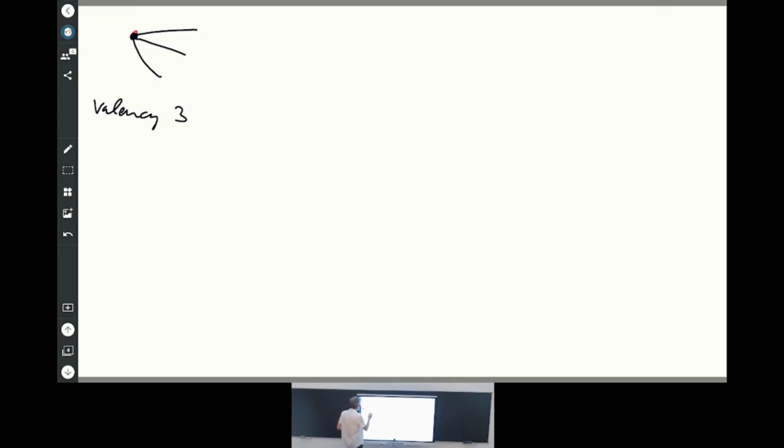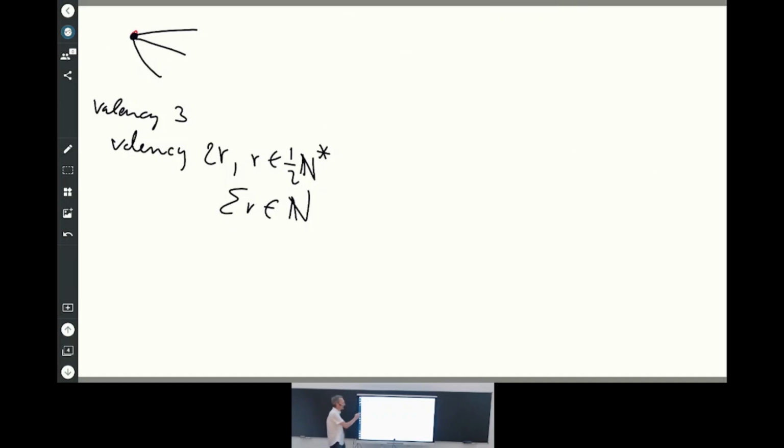Okay, now, in general, I want to call the valency 2R, just because it will later correspond to the first Katz index R. So R is a half integer now. And of course, the sum of R should be an integer, because eventually every open loop must end at some vertex.